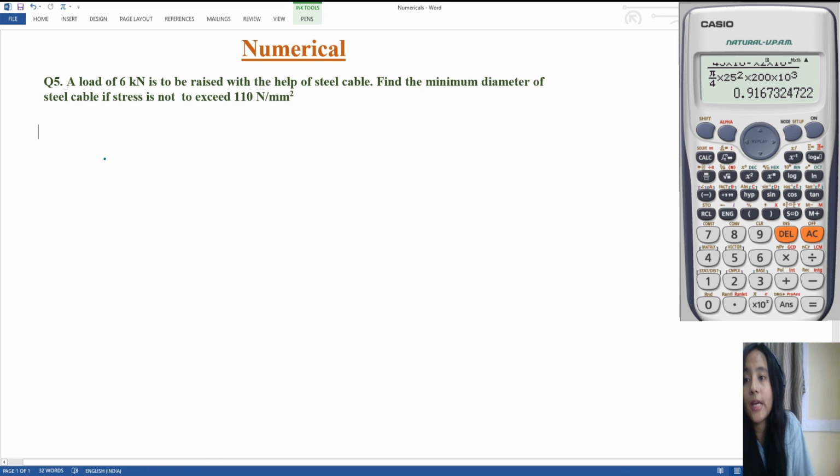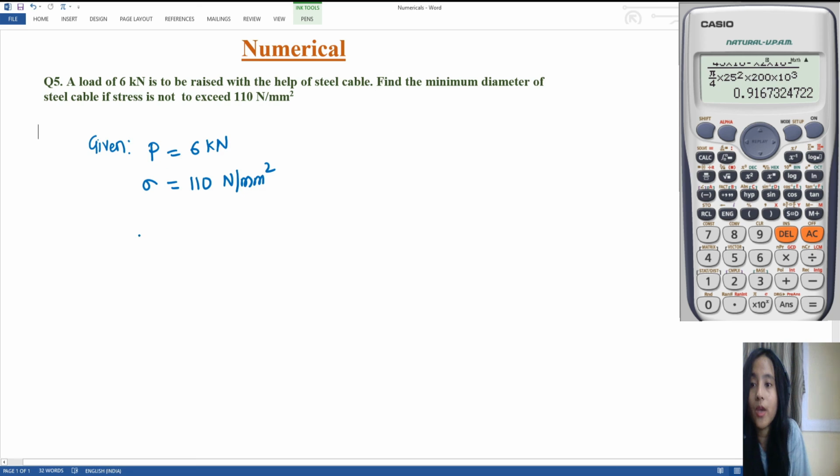So how do we find the diameter of the steel cable? Let us first write down what is given in the question. Load P is given equal to 6 kilonewton. Stress sigma is given as 110 Newton per mm square.